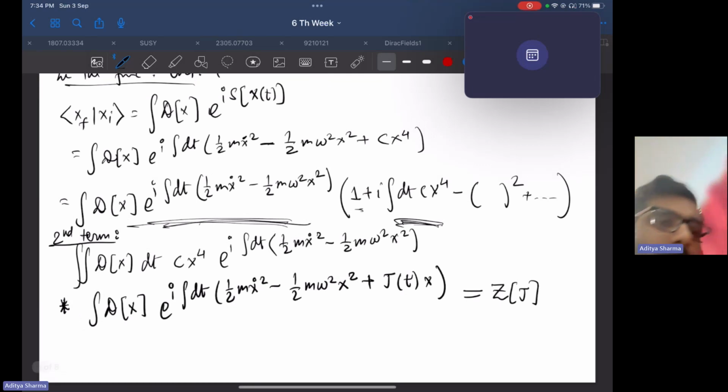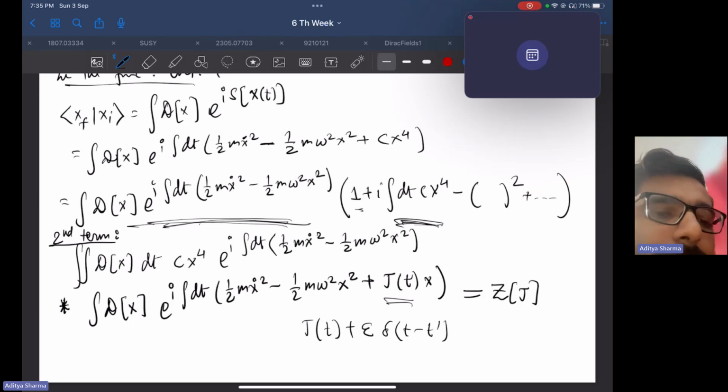If I were to do a functional integral of this Z of t, then what I would have to do is, in this integral, Z of t plus epsilon Dirac delta of t minus t prime.